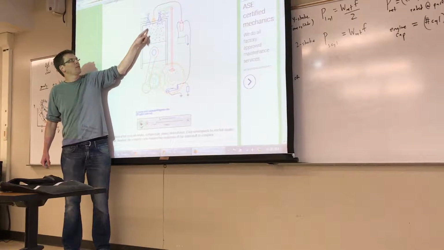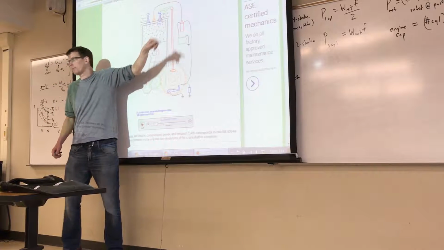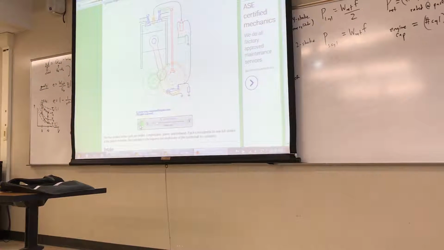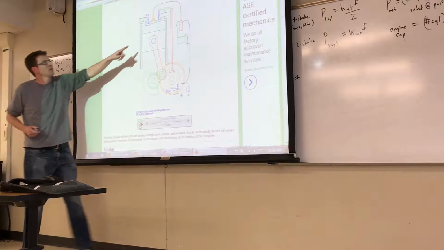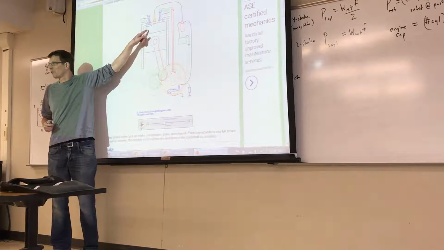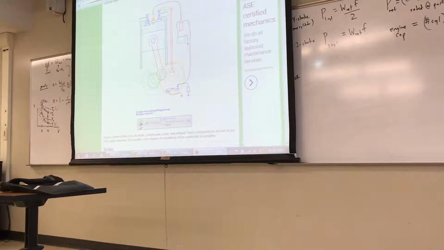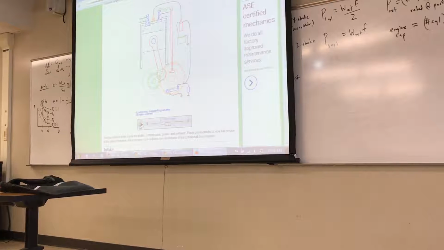So gasoline that comes in that is never burned because it just slips right out the exhaust. You can see that we exhaust this, okay? And then we close the exhaust and we pull in the fresh stuff. That is the advantage of doing the exhaust and intake independently, is that you don't accidentally have gas that goes out wasted because it comes in the intake and goes straight out the exhaust and is never actually used in the engine. That's the problem with the 2-stroke.